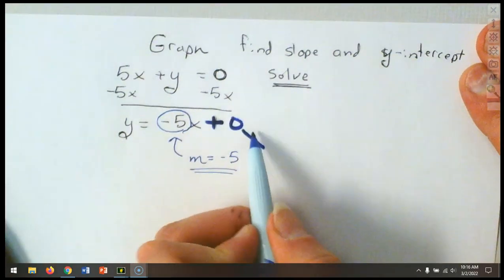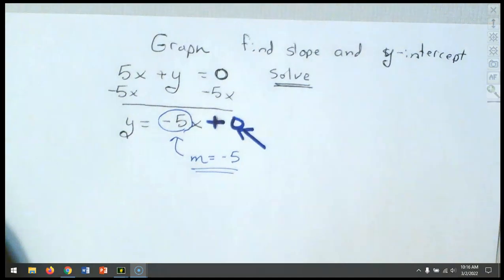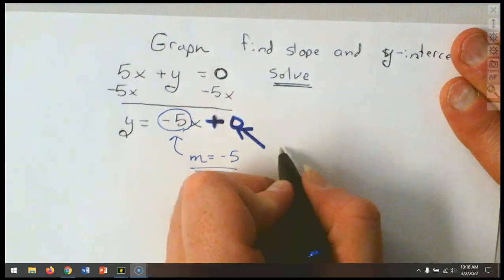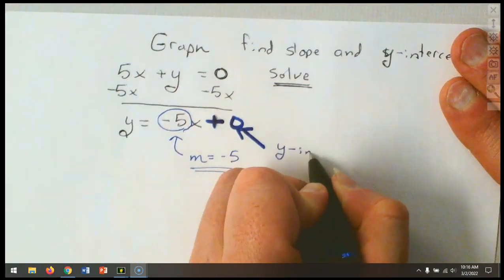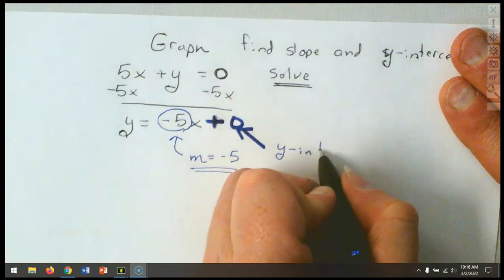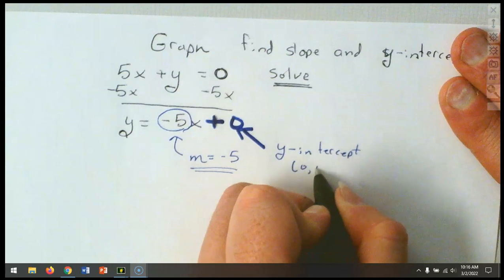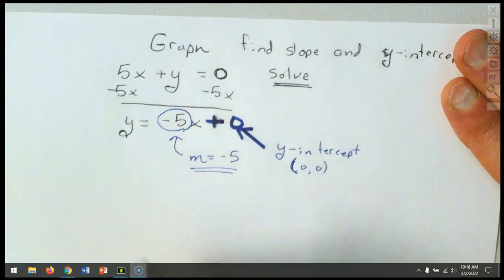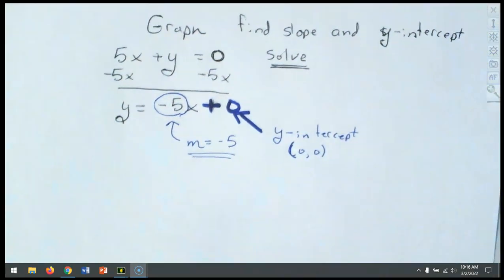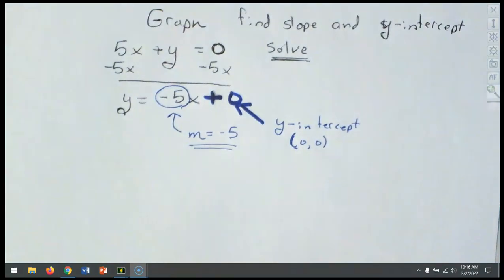And that means that my y-intercept would be 0, 0. So if there's no number on the end, that means your y-intercept there is going to be 0, 0.